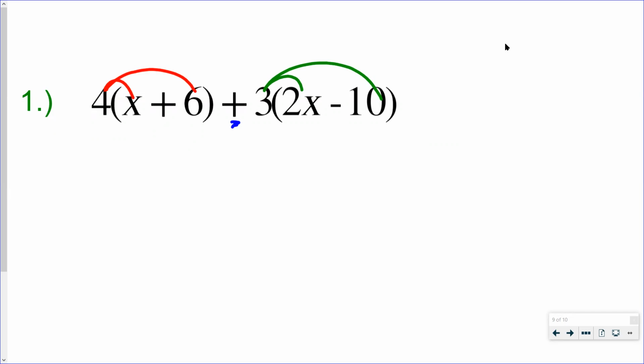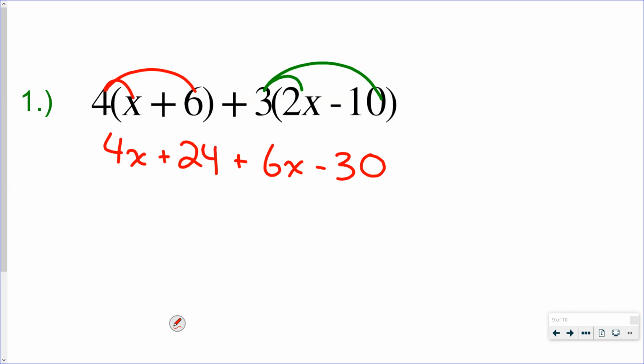Remember, distribution is basically multiplication, and a number next to parentheses means multiplication. So 4 times x is going to give us 4x. 4 times 6 is going to give us 24, plus 3 times 2x gives us 6x, and 3 times 10 gives us 30.